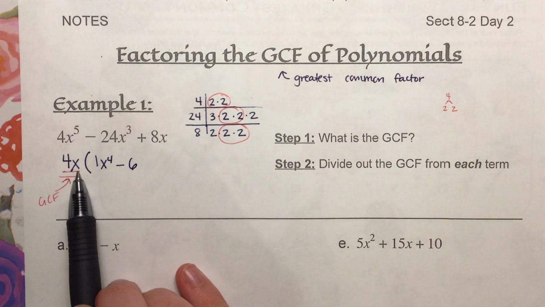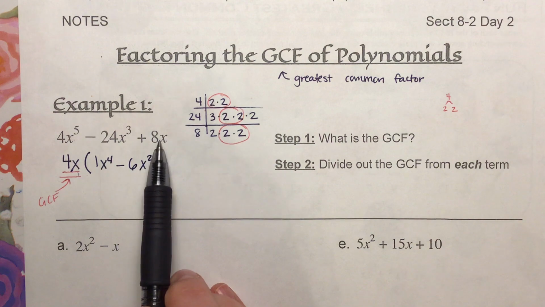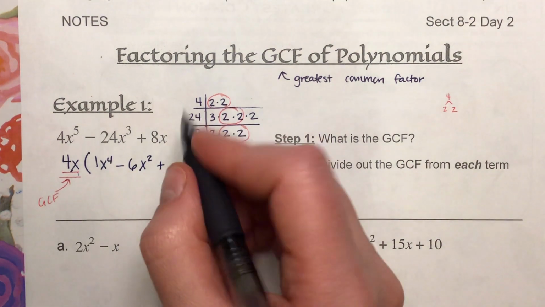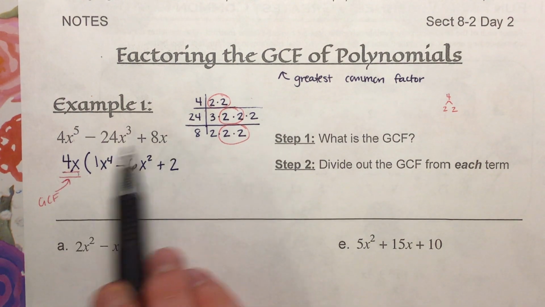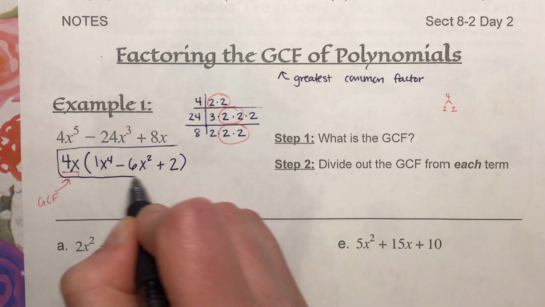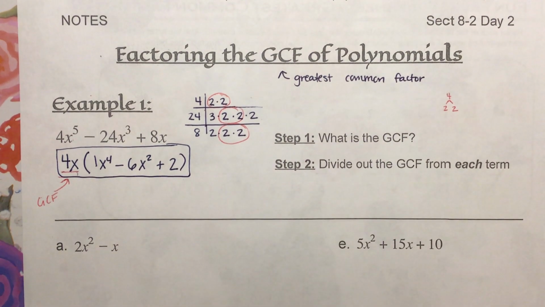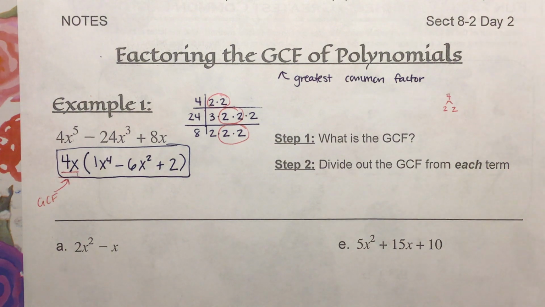And then x cubed divided by x is x squared, plus 8x divided by 4x is going to get me 2, because 8 divided by 4 is 2, and x divided by x cancels itself out. So this is my final answer, 4x parenthesis x to the fourth minus 6x squared plus 2. Okay, we're going to do that some more.